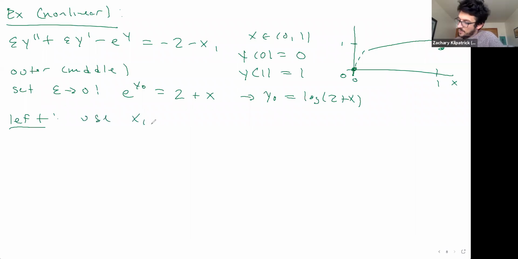So on the left, we'll use XL equals X, and I'll just jump ahead and say that what we end up getting is epsilon to the 1/2 as our distinguishing limit, if we work through the logic as we have before.